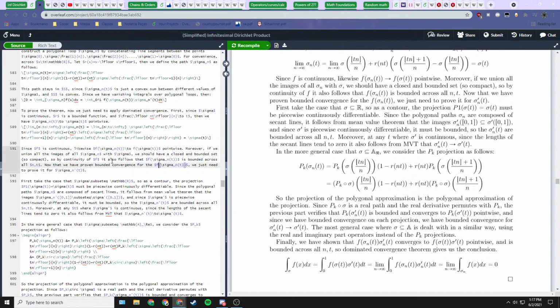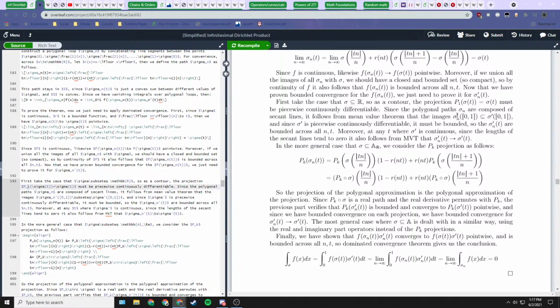But since the path sigma in this case is only real valued, then it is equal to its first projection. In fact, this is the same if it's complex. And so we just deal with this real value case first.